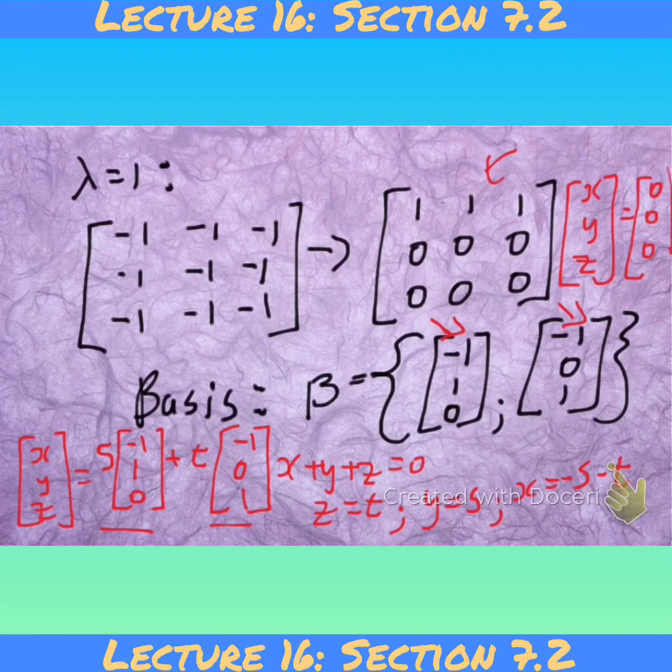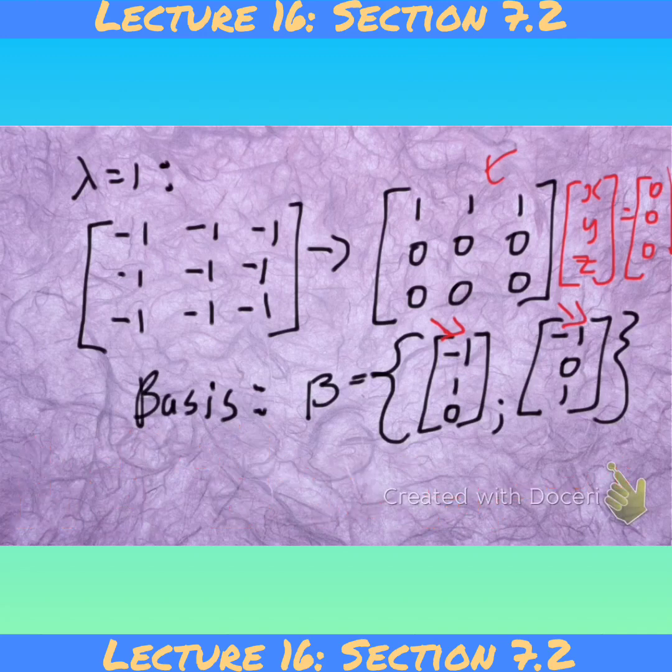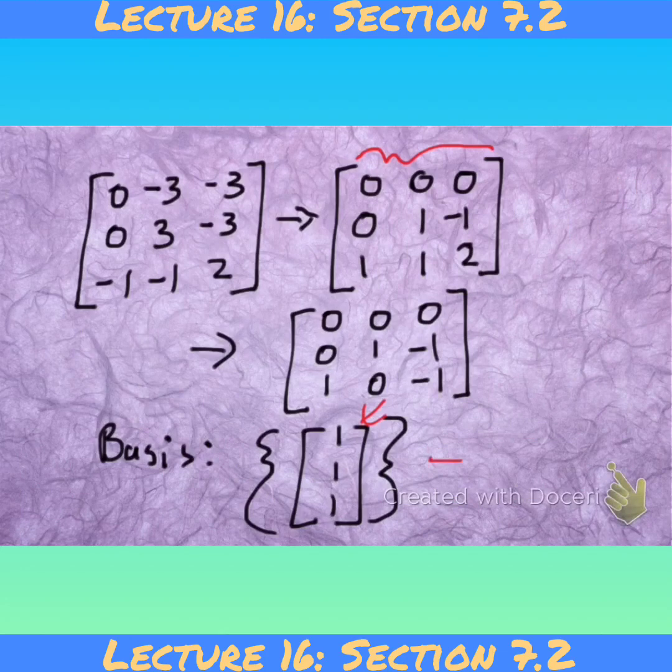Now, we need to check. First of all, we know from the previous theorem that the vectors from this basis and the vectors from that basis are going to be orthogonal to one another, since they are from different eigenspaces.